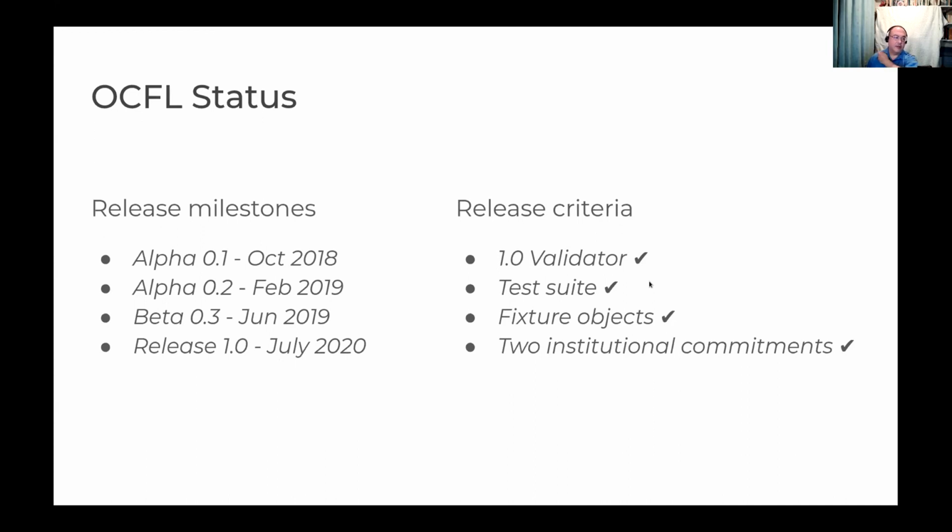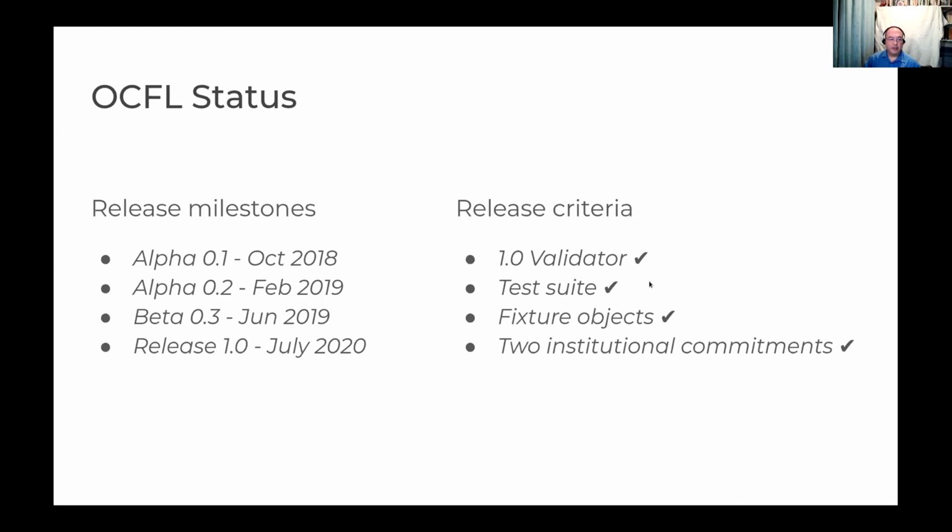So what's the status of the project? First, the alpha release came out in October 2018. It's been through multiple releases, lots of community feedback, and version 1 came out in July 2020. And really, we're just refining an extension mechanism at the moment, but the specification has been released and is standing.